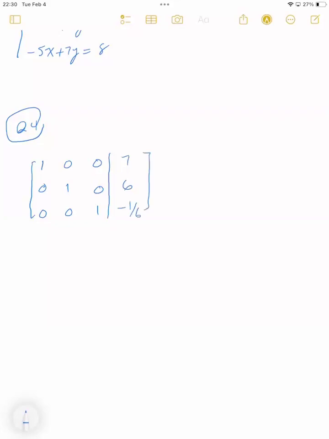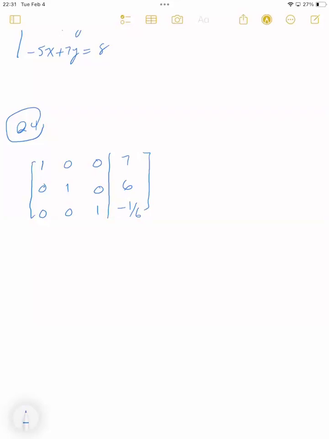And it says, write a system of linear equations represented by the augmented matrix. Give your answer in standard form using the X, Y, Z variables. The equations in the system should be in the same order as the rows in the given augmented matrix.